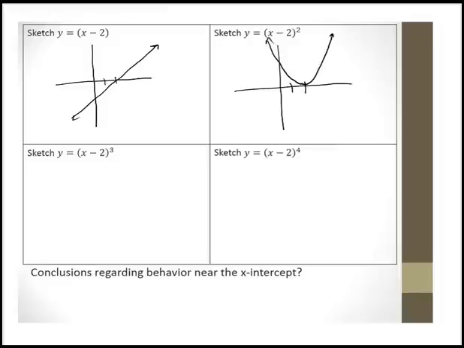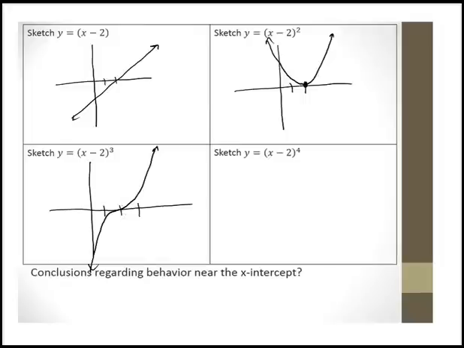It touches the x-intercept, but doesn't pass through. It sort of bounces off. (x minus 2) cubed, we saw that as a transformation of y equals x cubed. And so we would have a graph that does something like this. It increases, flattens out, passes through, and increases.